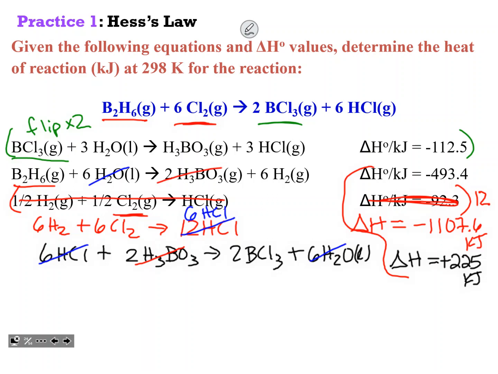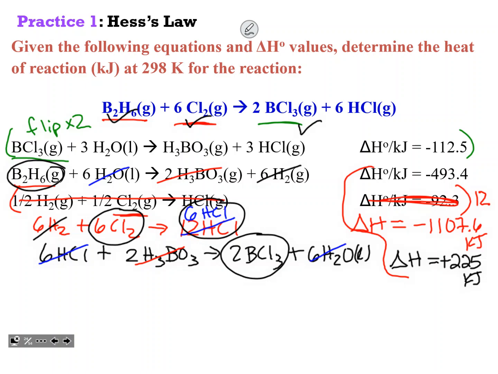Very good. And last but not least, hydrogens go. So then we check to make sure it matches. That one matches. That one matches. That one matches. And this one matches. Good. We're ready to add.